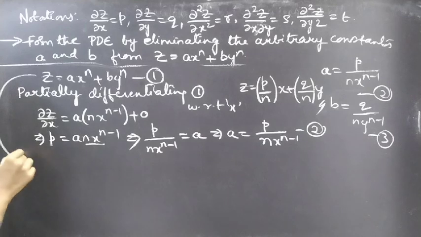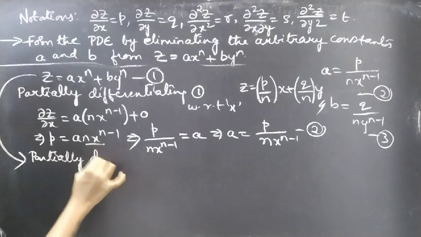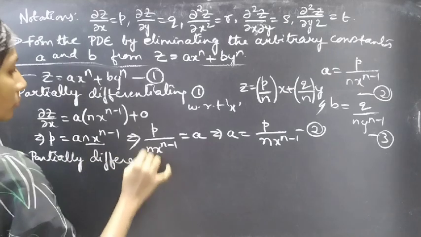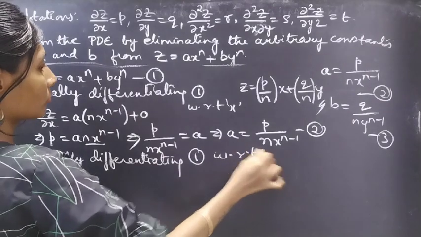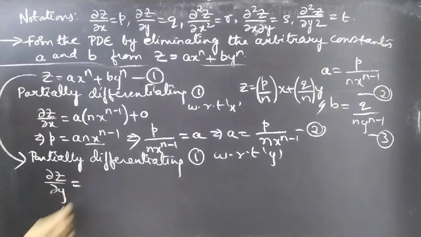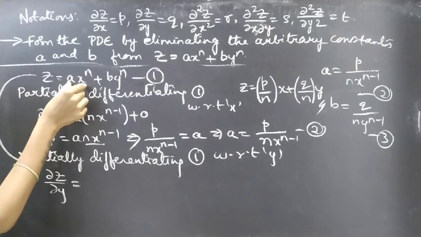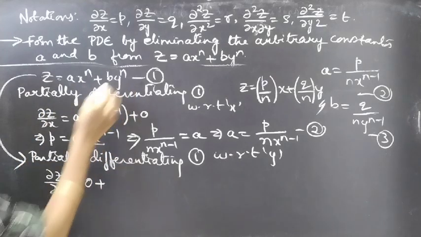Now partially differentiate 1 with respect to y. Dou z by dou y equal to partial derivative of a constant with respect to y is 0. Since we are partially differentiating with respect to y, here x power n is treated as constant, right? So we'll get partial derivative of constant with respect to y is 0 plus, here we have y power n, right?